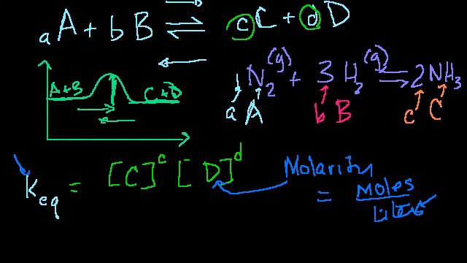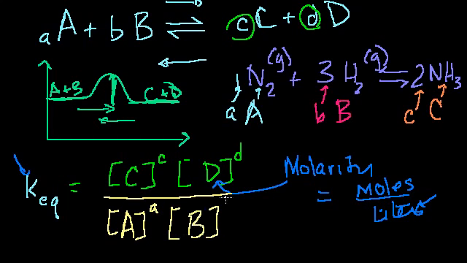But it's defined as the concentrations of the products to the powers, and if I have time, maybe I'll do the intuition for why you're raising it to the power in the next video, divided by the concentrations of the reactants, or the things on the left-hand side of the equilibrium reaction. So capital A to the lowercase a divided by capital B to the lowercase b.